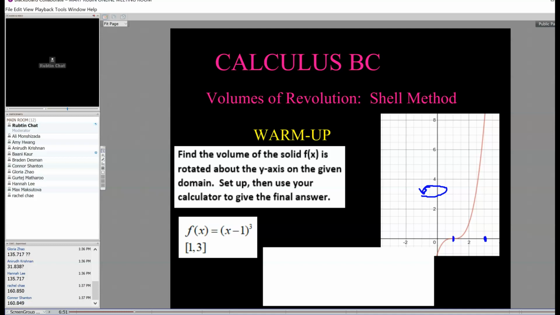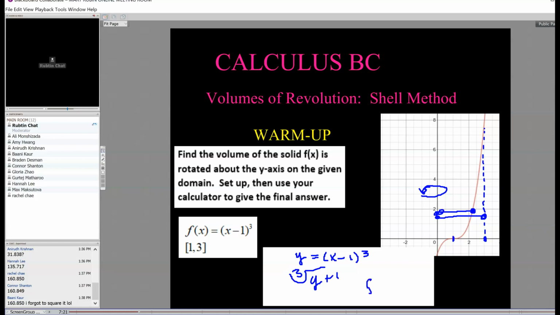And because of that, everything has to be rewritten in terms of y. So I've got a big radius. I've got a little radius. The function has to be rewritten, so instead of y equals x cubed, it would have to be the cube root of y plus 1.